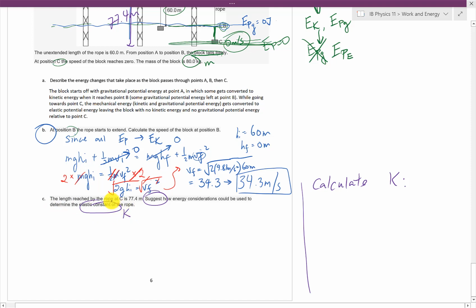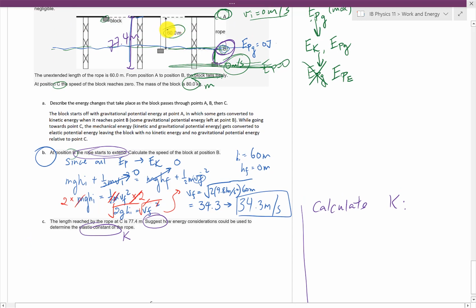You know the length of the rope reached at C is 77.4 meters, in which the rope was loose until it reaches point B. And it says here, at position B, the rope starts to extend. So when it goes from 60 meters to 77.4 meters, the stretching being done is the difference between 77.4 meters and 60 meters.